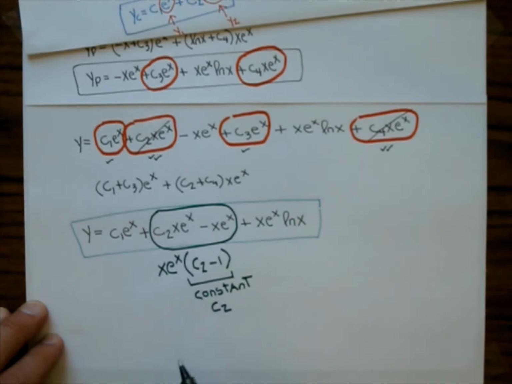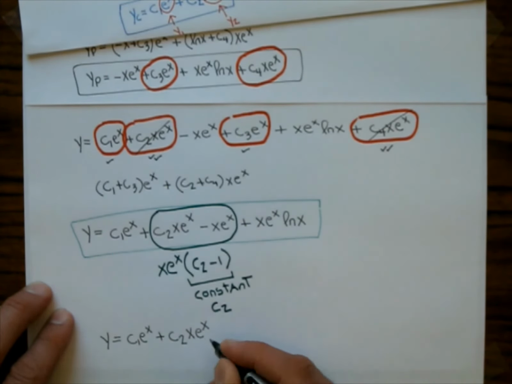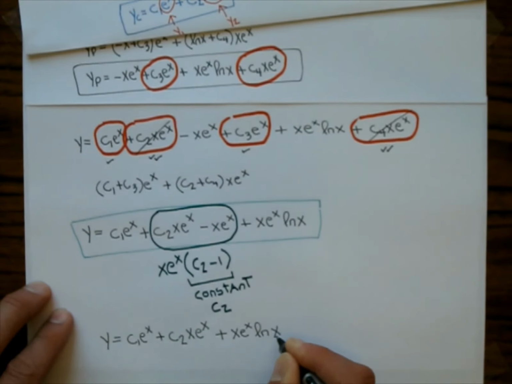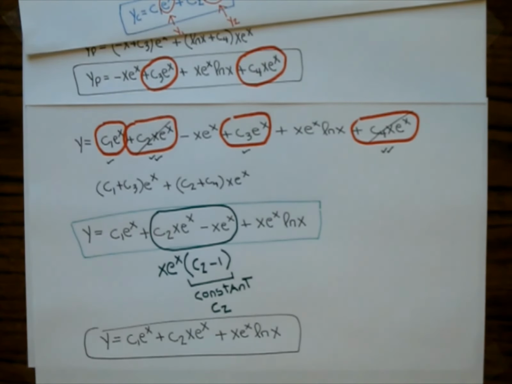And as you can see, this one's not going to get absorbed into anything. I know that it shares an x e to the x, but then you also have another function of x which cannot get absorbed into a constant. So we have to keep it just like this, x e to the x ln x. It was a second order differential equation that we started off with. We have 2 c's. There is the general solution.